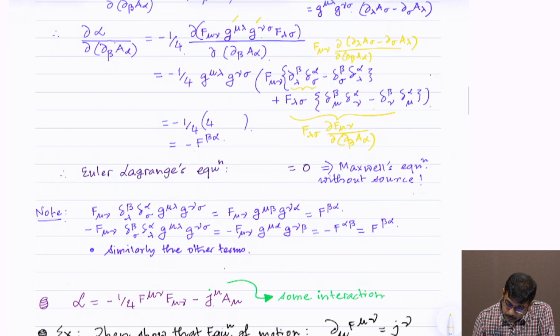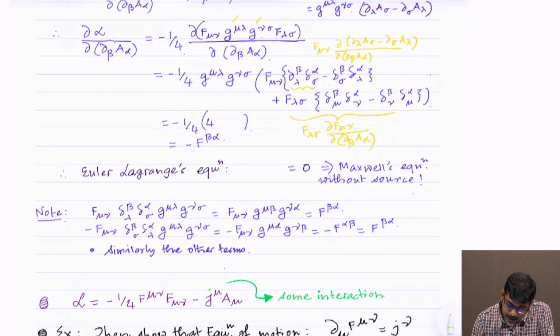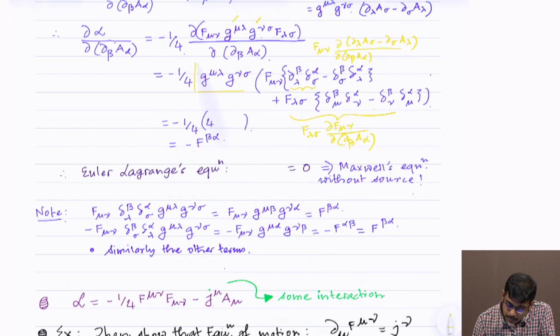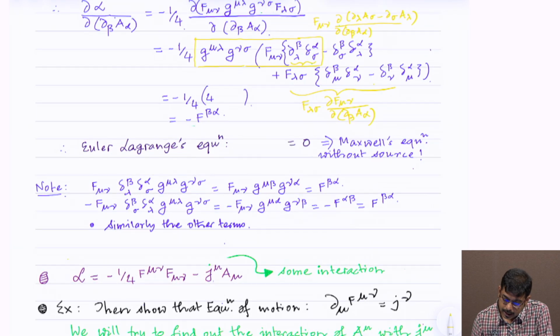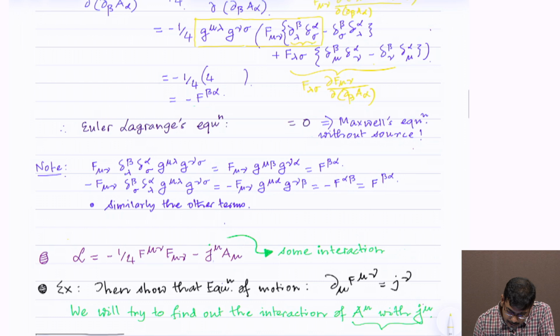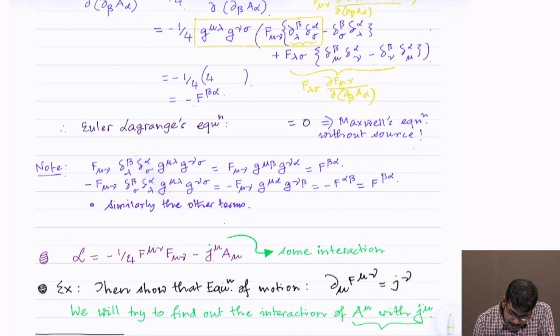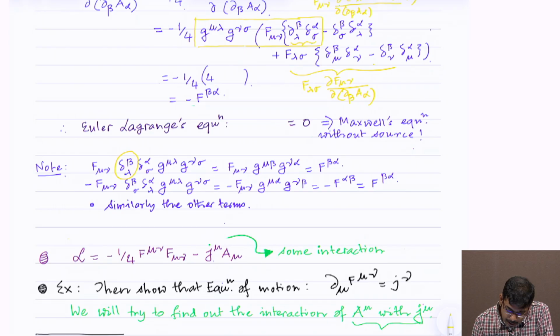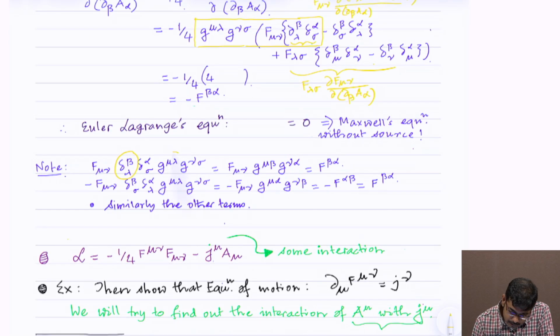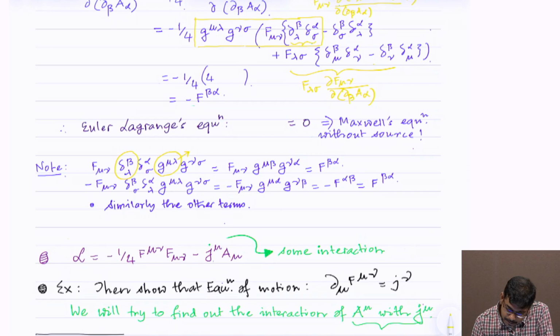Now take a look at the first term, g mu lambda g nu sigma f mu nu, delta beta lambda delta alpha sigma. Let us take this term. What will it become? This delta beta lambda is essentially making sure that beta and lambda have to be the same quantity, and that will impose here that this lambda must be replaced by beta.